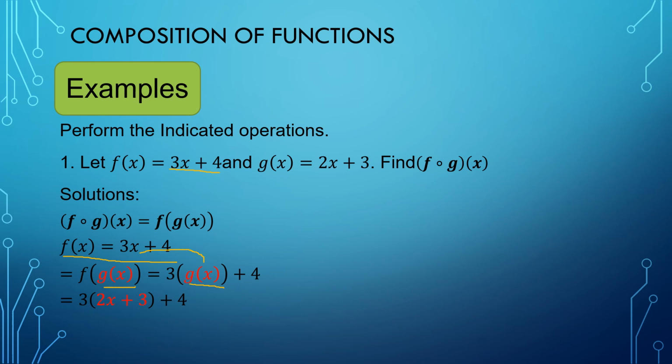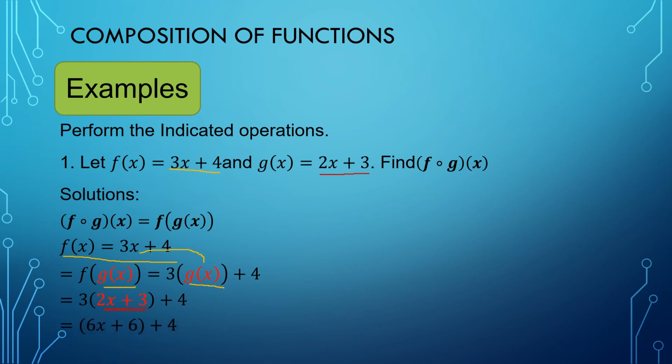Next, what is g of x? The g of x is 2x plus 3. So 3 times g of x plus 4, where g of x is 2x plus 3. Therefore, 3 times 2x plus 3, then plus 4.